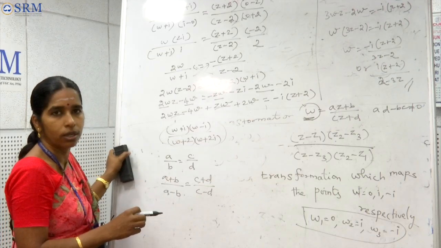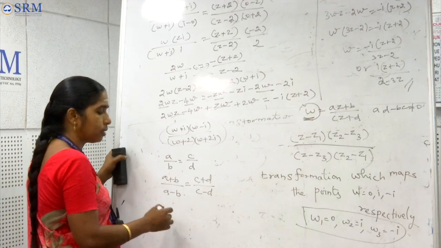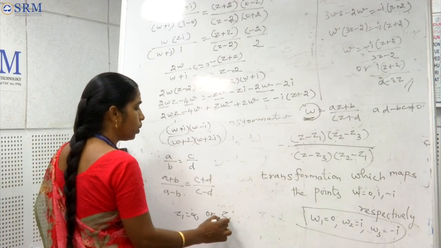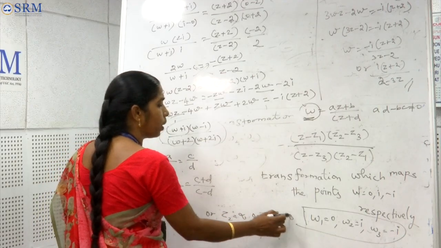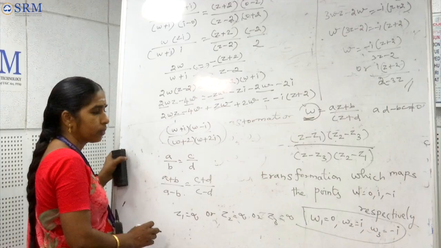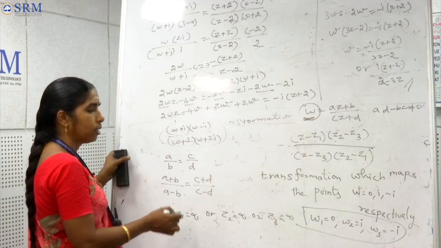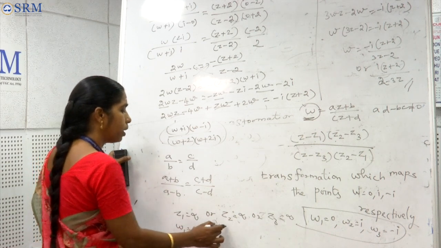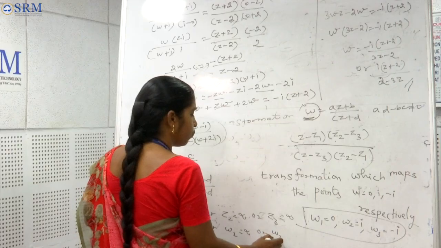In all the points not equal to infinity, some values are there. But in some questions, either Z1 equal to infinity, or Z2 equal to infinity, or Z3, at least one point is infinity. Same thing in the W plane also, at least one point, W1 or W2 or W3, is equal to infinity.